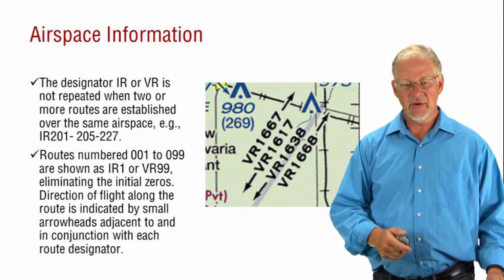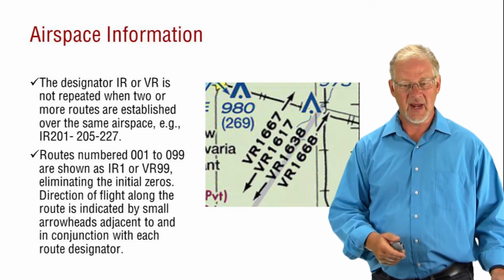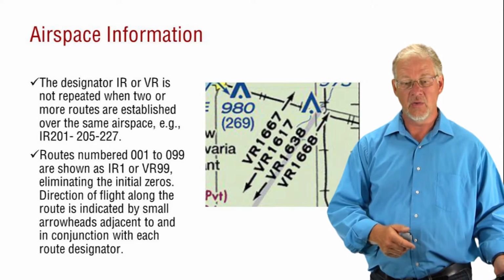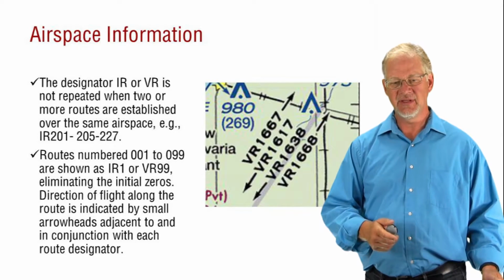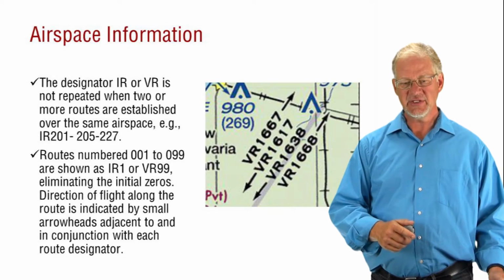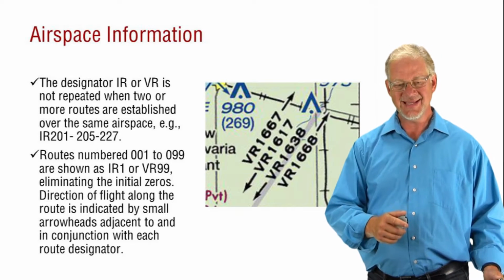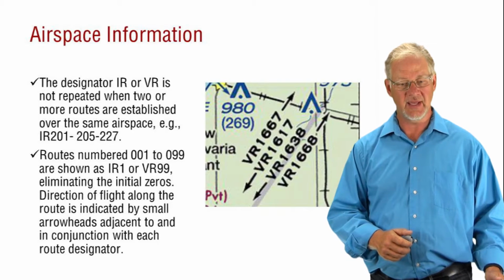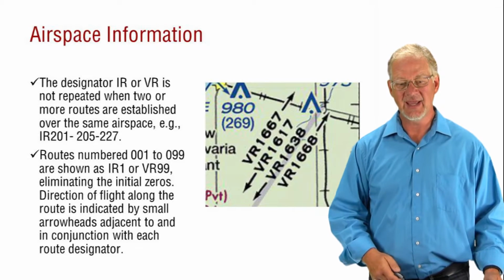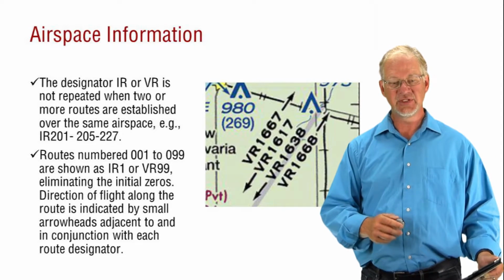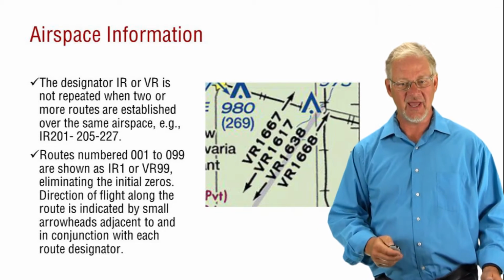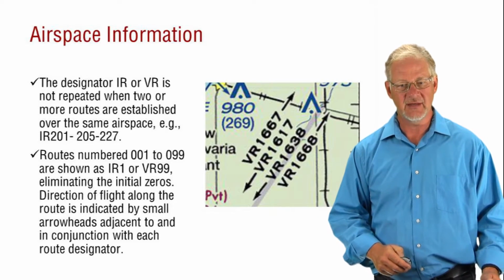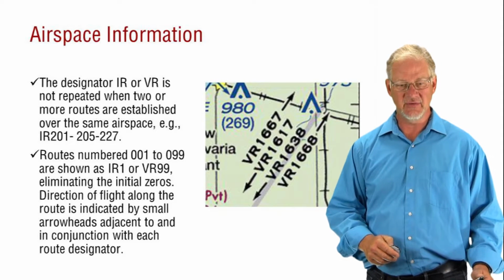Now the routes that are numbered 001 through 099 are shown as IR1 or VR99, eliminating the initial zeros. The direction of flight along the route is indicated by small arrowheads adjacent to and in conjunction with each route designator. That is key for you to understand because of the direction of the flight as well as the altitude.